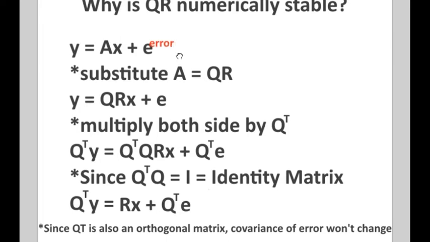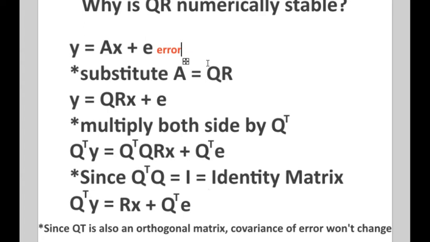What we can do with QR decomposition is substitute A equals QR. We know that we can do that for square matrices that are invertible.